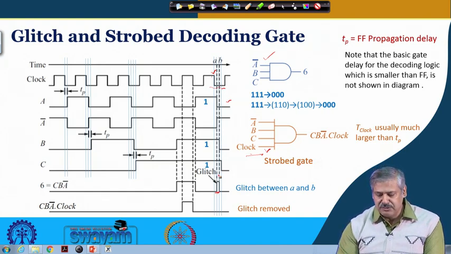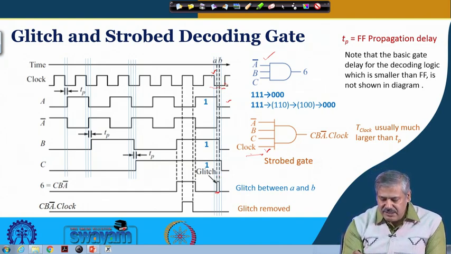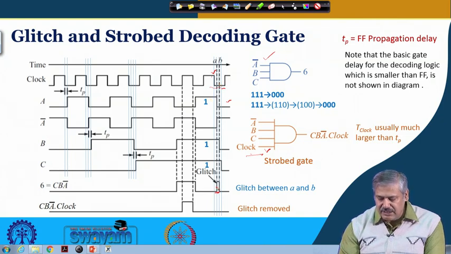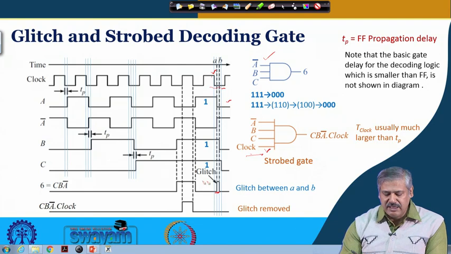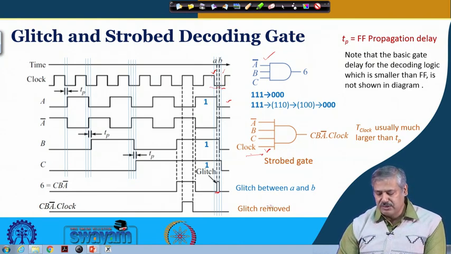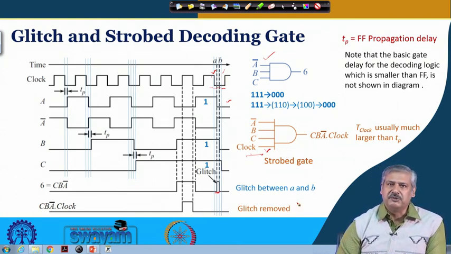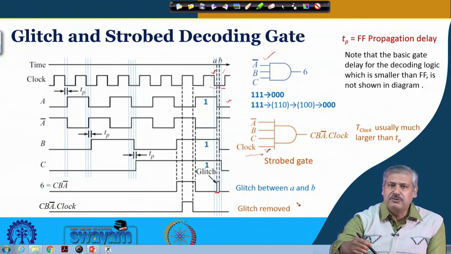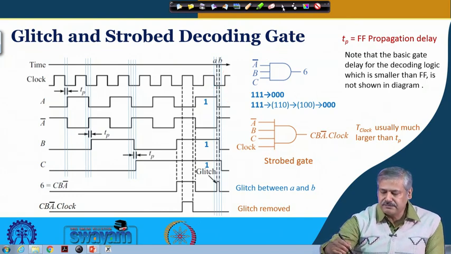Of course, we are not considering the clock to be so fast that the delay comes when the clock is again becoming high. That is ruled out. The propagation delay, the number of flip flops considered and the clock period are such that the glitch occurs when the clock is low. So then the glitch can get removed. This is one way of handling this problem.